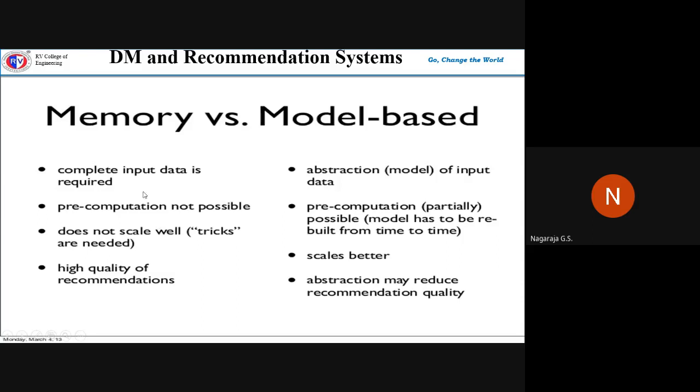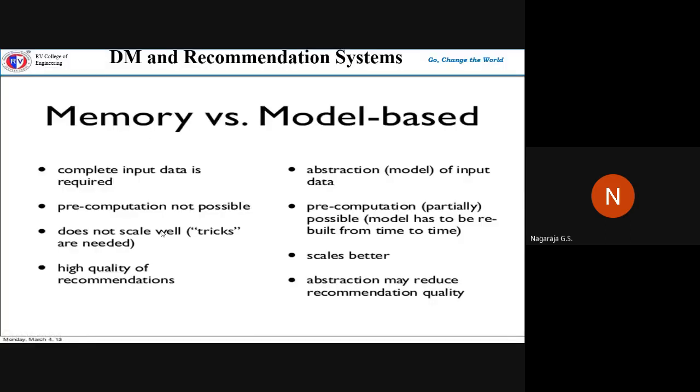In case of memory, pre-computation is not possible, whereas in model-based, pre-computation is possible. Memory-based does not scale well. Sometimes when you look at memory-based, some of the things may not be taken care of, and some of the data may be missing also.